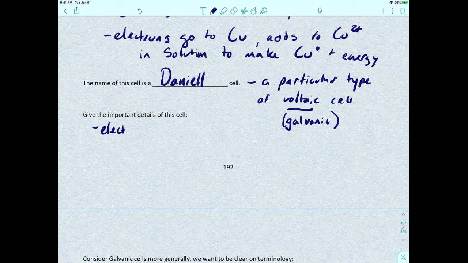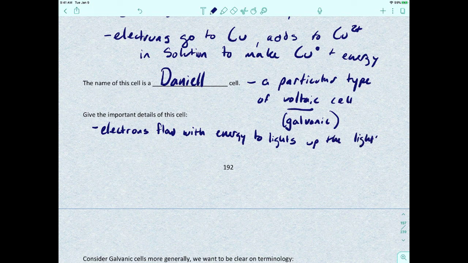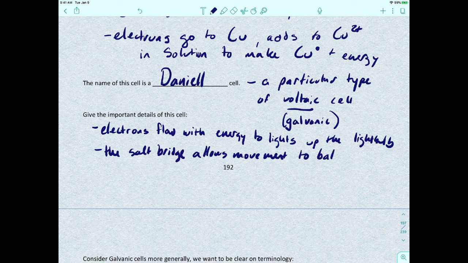So the electrons flow with energy to light, which lights up the light bulb. Okay. The salt bridge allows movement to balance the charge without mixing.